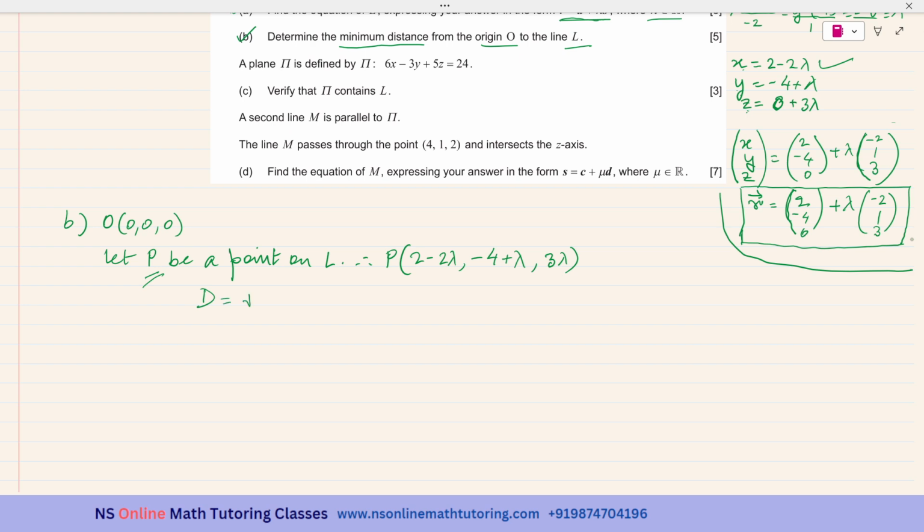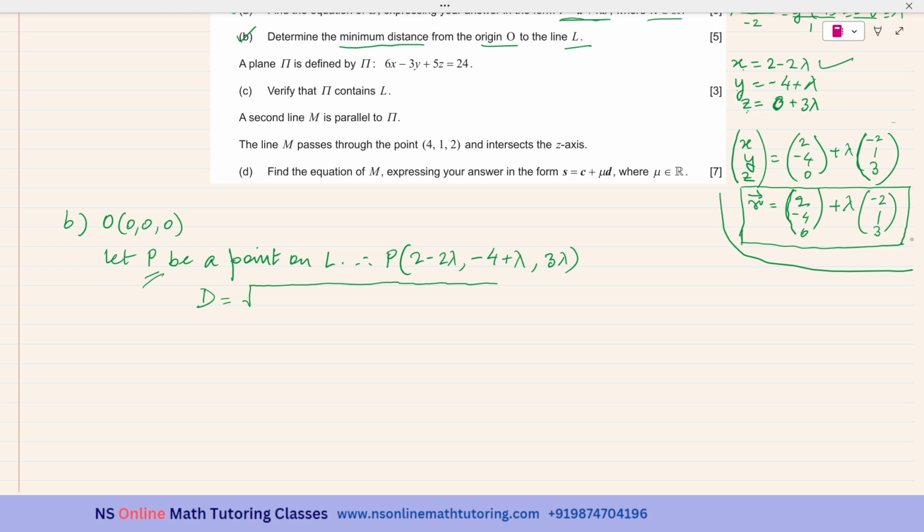Let D denote the distance between P and O, because P's position is not fixed. Okay. We will be finding for which position of P we are having the minimum distance. And obviously the minimum distance will be the perpendicular distance. Okay. When OP will be perpendicular to L, that will be the minimum distance between the origin and the line.